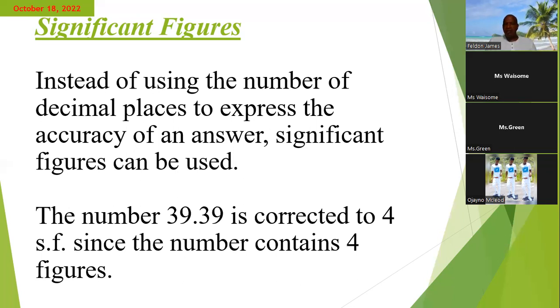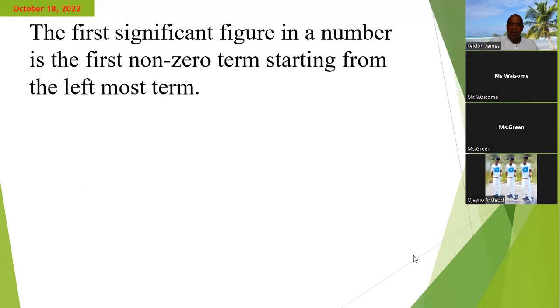All right. Looking at this number now, 39.39 corrected to 4 significant figures. How many digits do we have here in total? Four. Because we're counting from the first non-zero digit to the right, all of these numbers are significant.